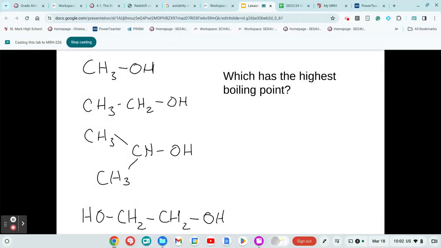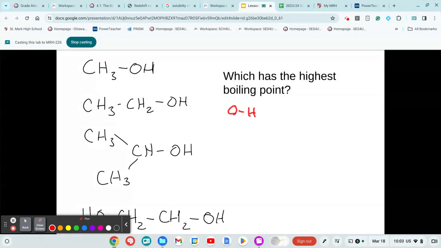But in all of these molecules, we also have OH groups. They're all alcohols. So there's always a bond between carbon and hydrogen, and between oxygen and hydrogen, and always a bond between carbon and oxygen. What's the electronegativity value for oxygen? 3.5.